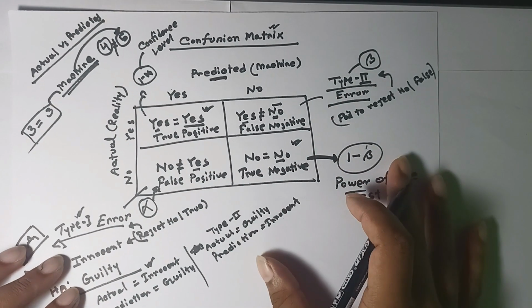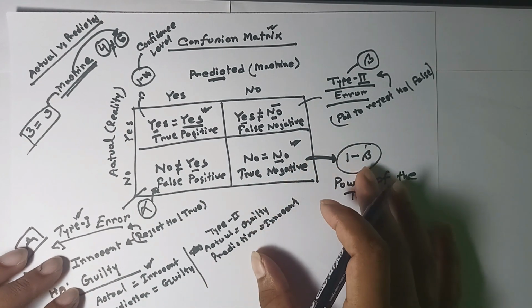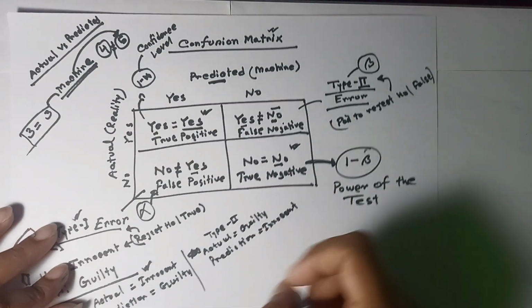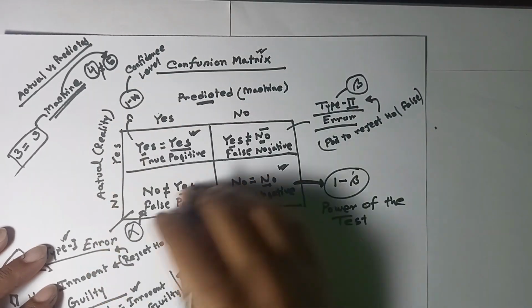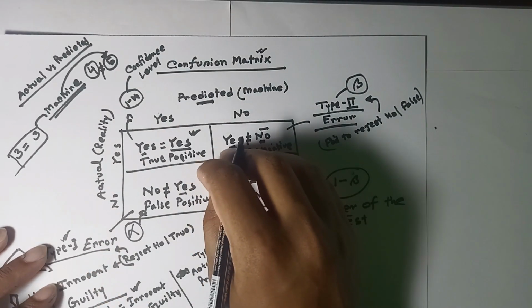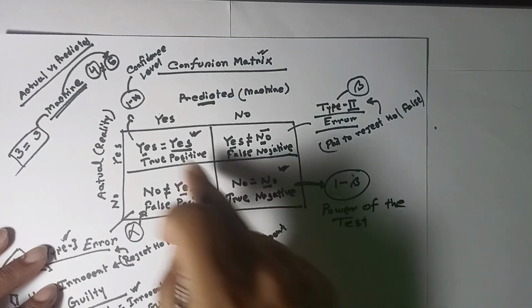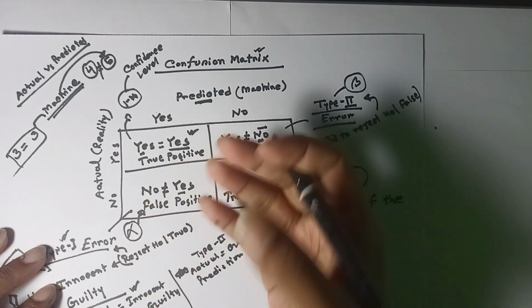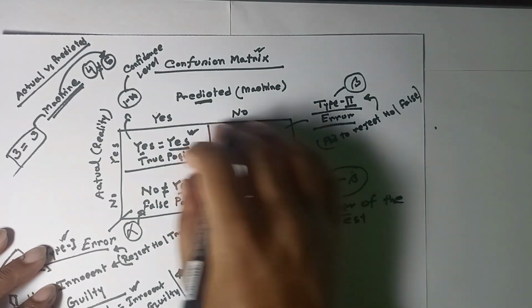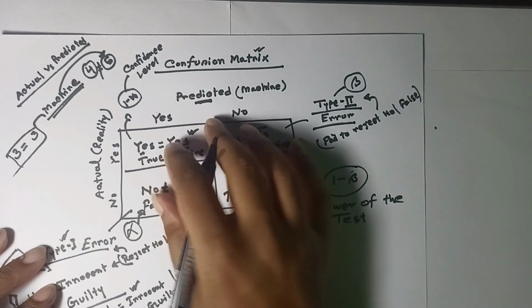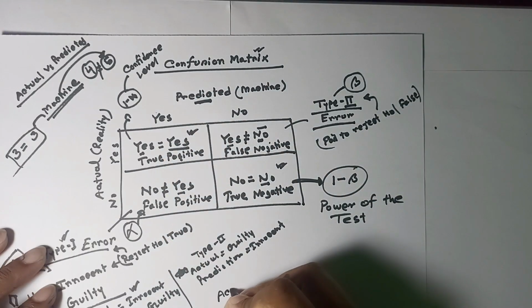Okay, we finished our type 1 error and type 2 error. Now we will move on to accuracy. See, this whole matrix says these two things are correct, and we want to know overall how the machine performs, which will be given by accuracy.